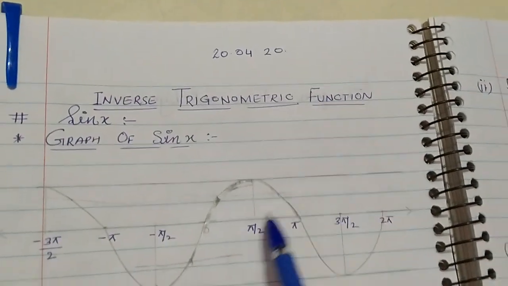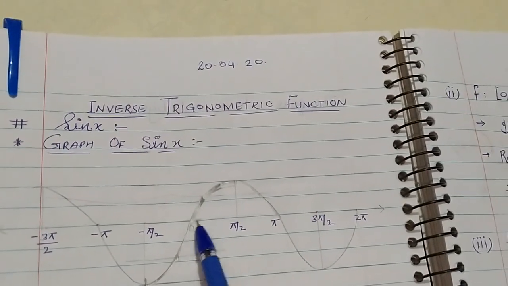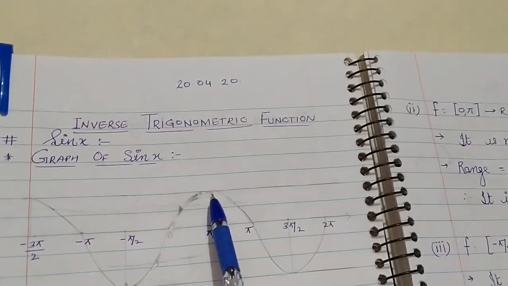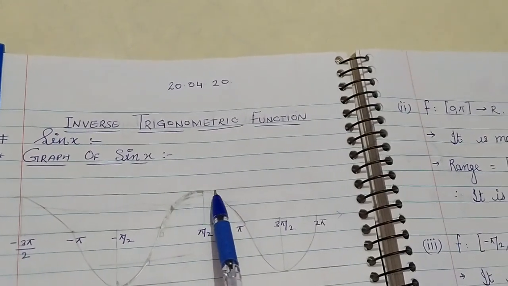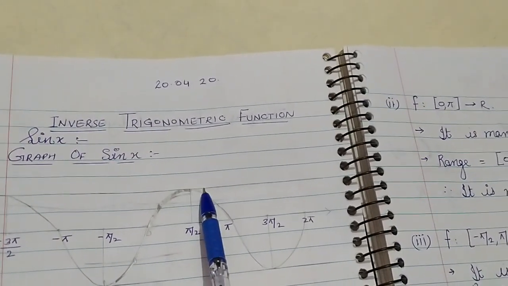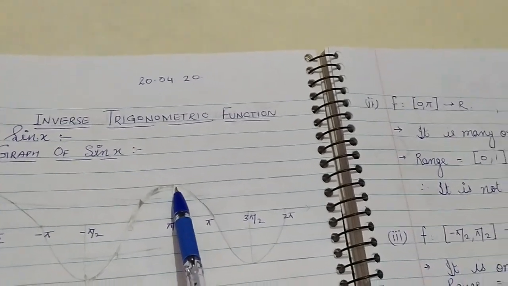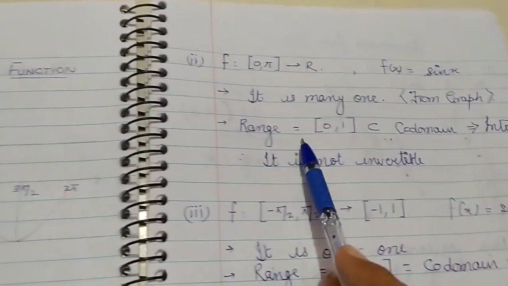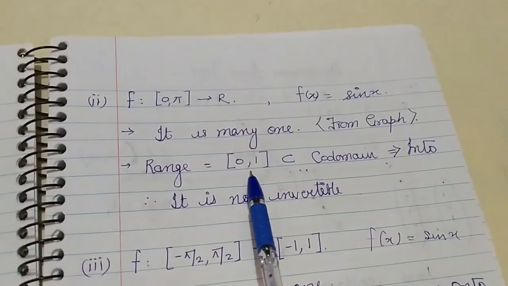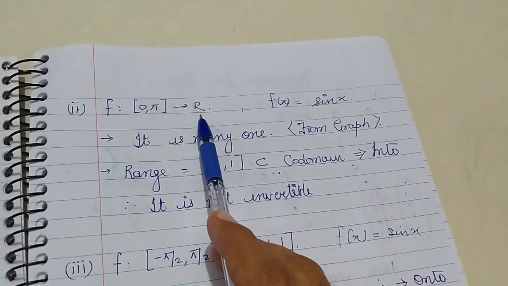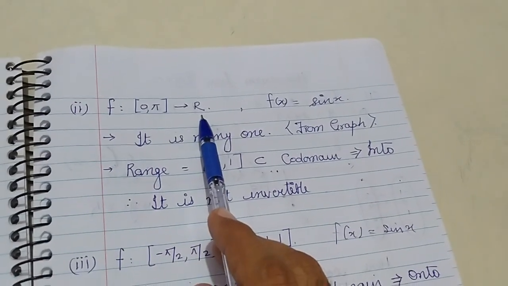Now what about the range? Using this portion, the minimum value attained by this curve under the given condition is 0 and the maximum value of y is +1. Hence the range of this function is 0 to 1, but the given codomain is the set of real numbers.